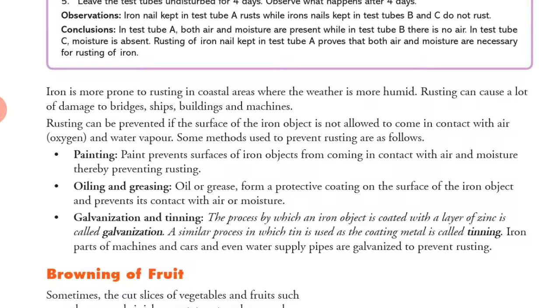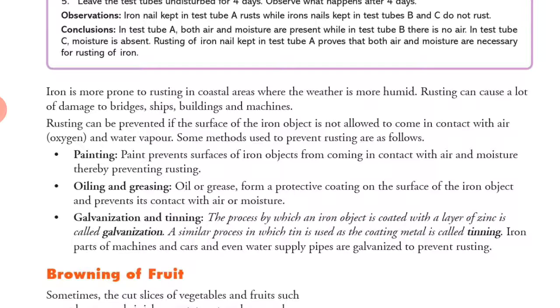The process by which an iron object is coated with a layer of zinc is called galvanization. A similar process in which the metal tin is used as the coating metal is called tinning. Iron parts of machines and cars and even water supply pipes are galvanized to prevent rusting.